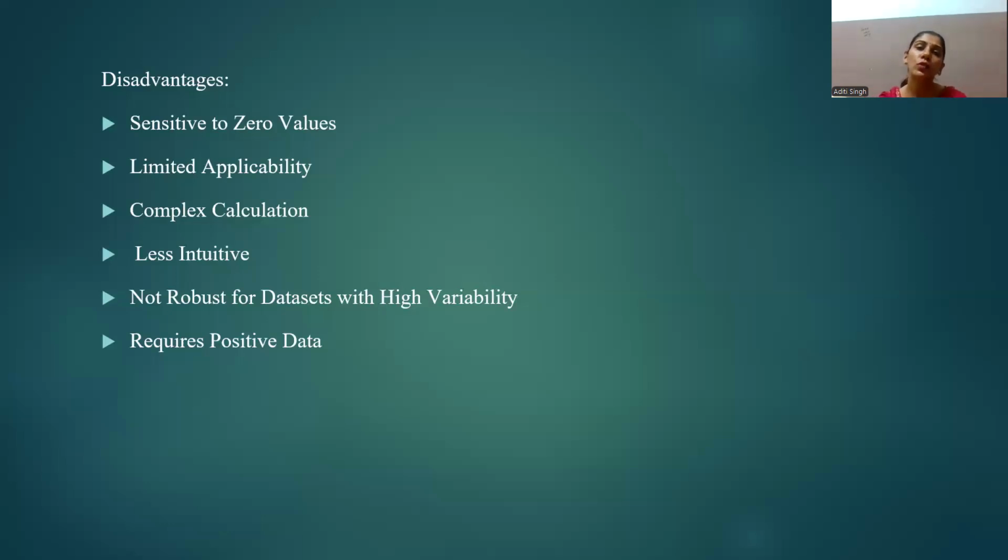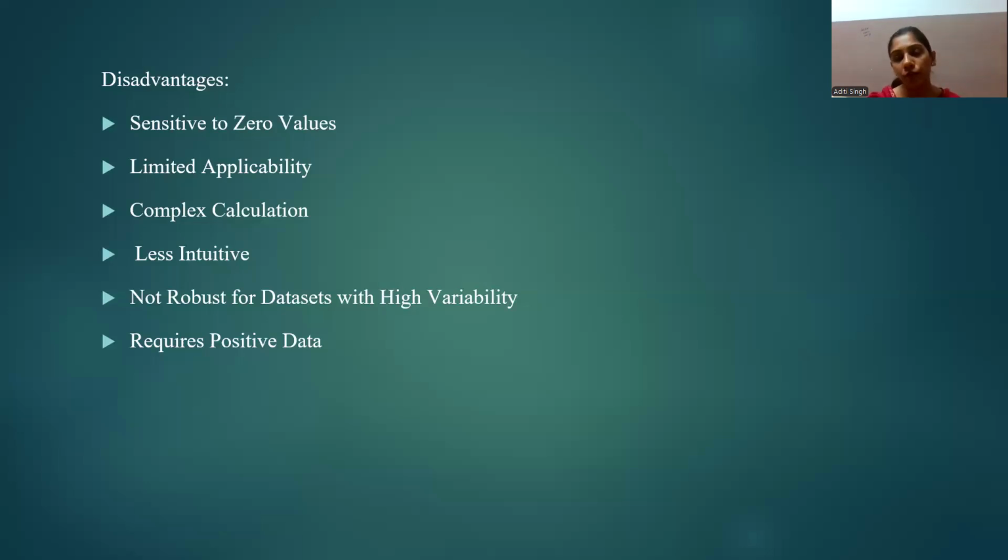Okay, the calculation of the harmonic mean is more complex than the arithmetic mean, as it requires the reciprocal of the values and the reciprocal of the arithmetic mean of those reciprocals.